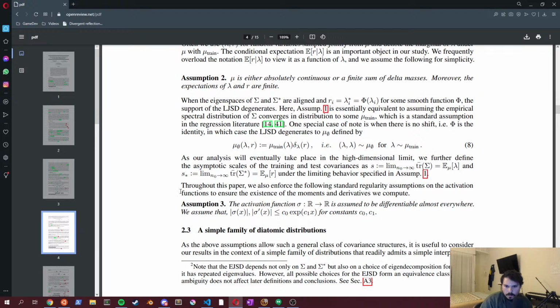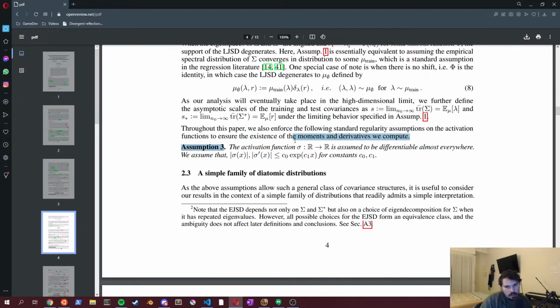Throughout this paper, we also enforce the following standard regularity assumption on the activation functions to ensure the existence of the moments and derivatives we compute. The activation function sigma, R to R, is assumed to be differentiable almost everywhere. We assume that both the absolute value of sigma(x) and sigma prime(x) are less than c0 e to the c1 x for constants c0 and c1.